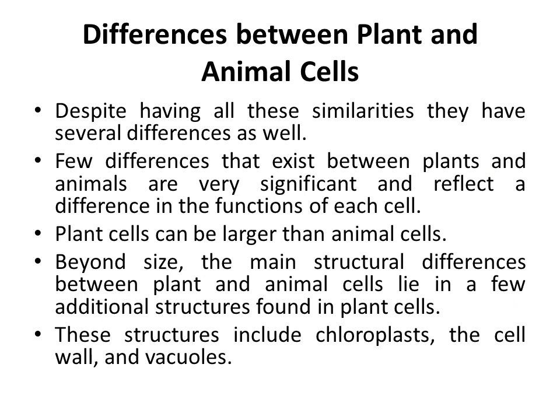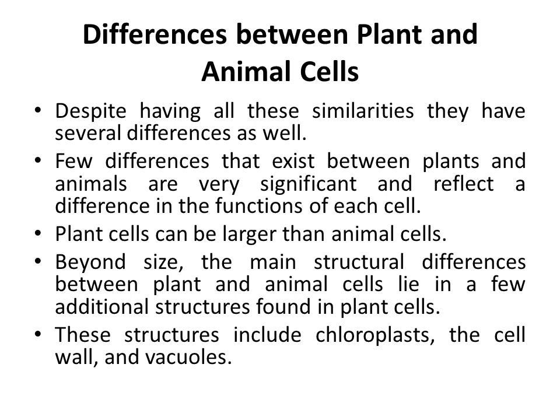Despite many similarities, there are several differences in plant and animal cells. Few differences that exist between both types of cells are very significant and can reflect the difference in function of both types of cells. Plant cells have a larger size as compared to that of the animal cells, but size is not the only point to differentiate both types of cells.